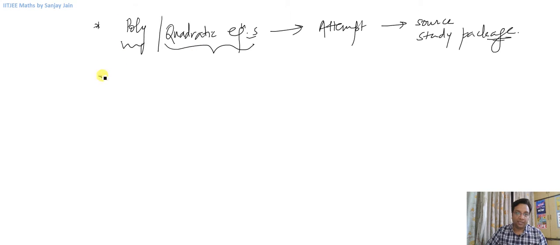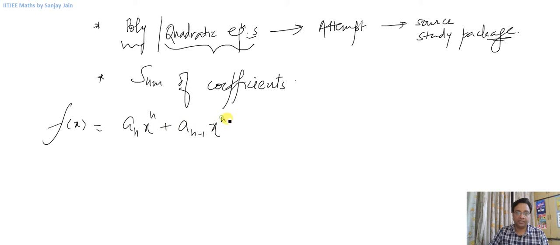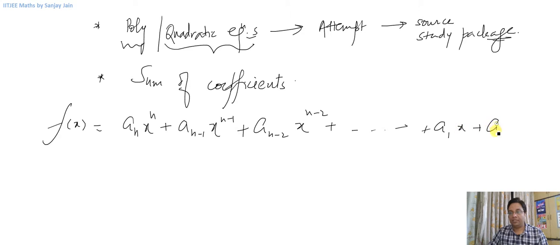Second thing, I left a small topic about sum of coefficients. Okay, let us say you have got a polynomial f of x equal to a_n x raised to power n plus a_(n-1) x raised to power n minus 1 plus a_(n-2) x raised to power n minus 2 and so on till a_1 x plus a_0.